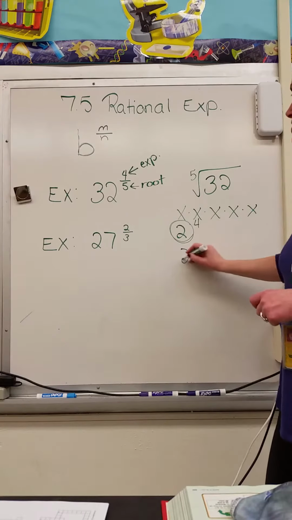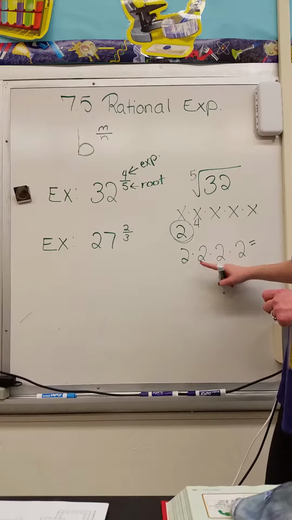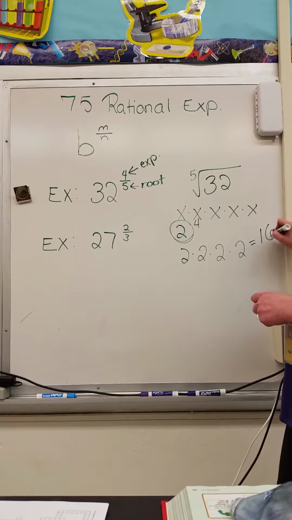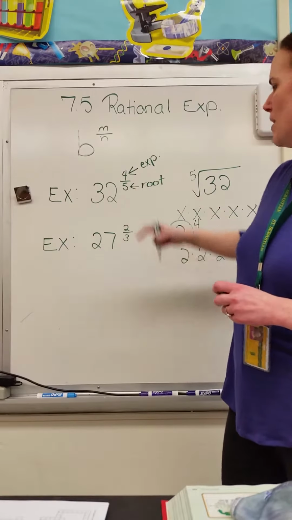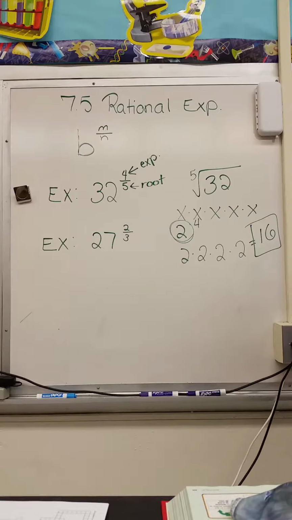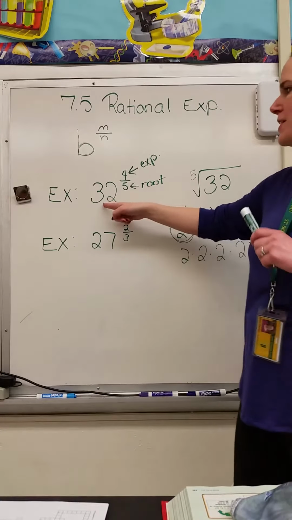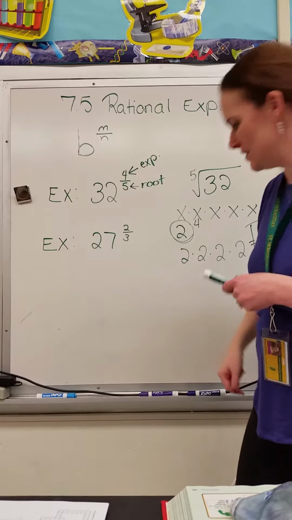So 2 times 2 times 2 times 2: 2, 4, 8, 16. So the answer to 32 to the 4/5 power is 16. I know that was kind of roundabout, but basically you take the 5th root first, and then you take it to the exponent.